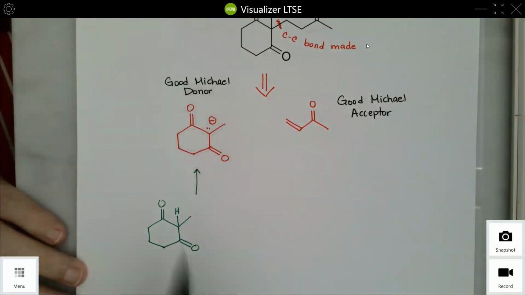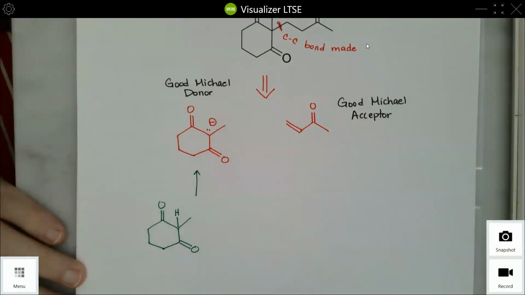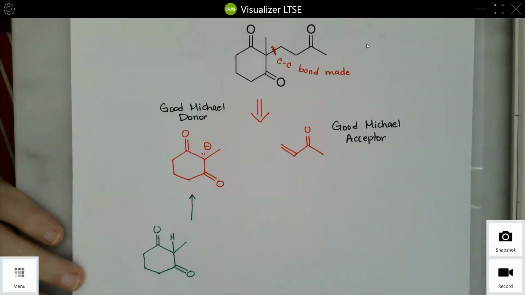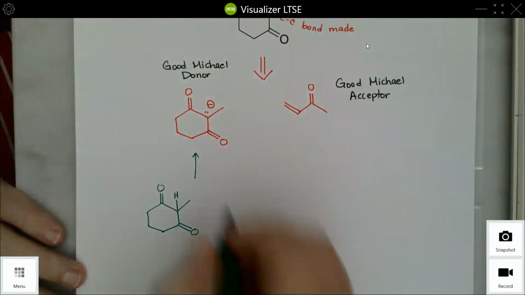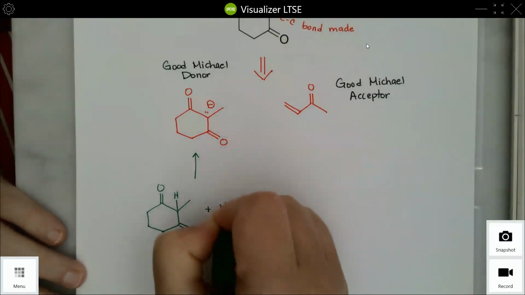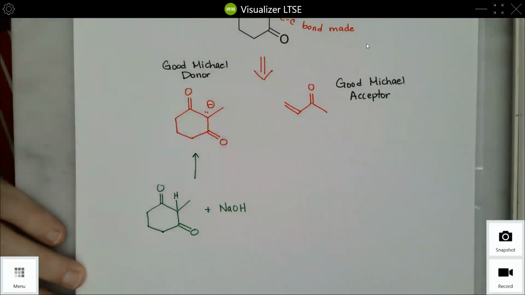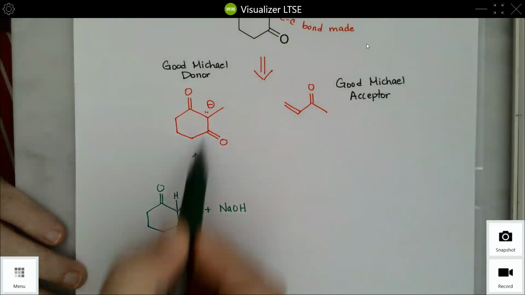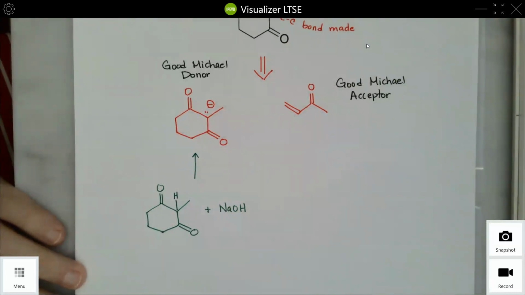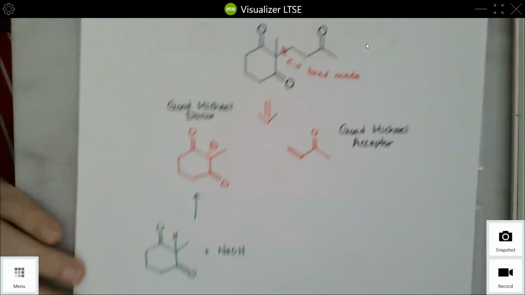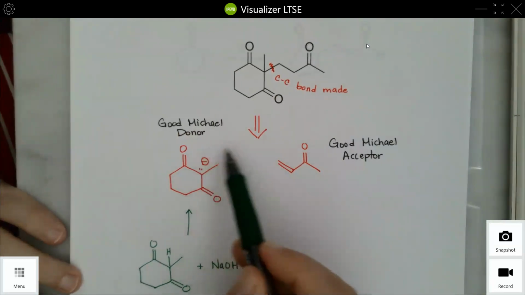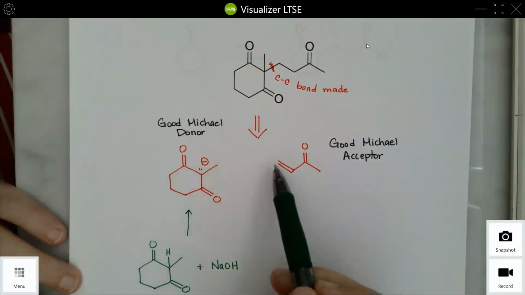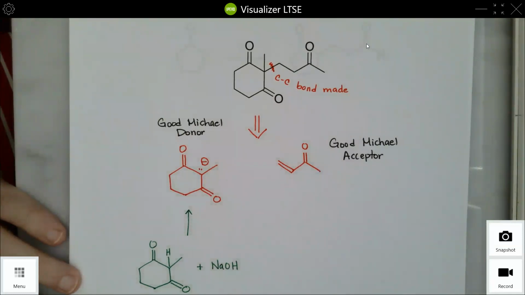So if we treat this with a base, in this case, we don't have any esters, so we don't have to match the base to the ester. We can just use any base like sodium hydroxide. It will deprotonate this and form the Michael donor, which will then do a nucleophilic attack to form that carbon-carbon bond to do the Michael reaction.